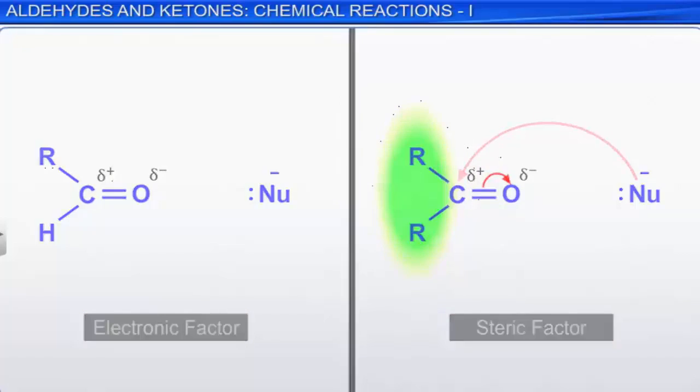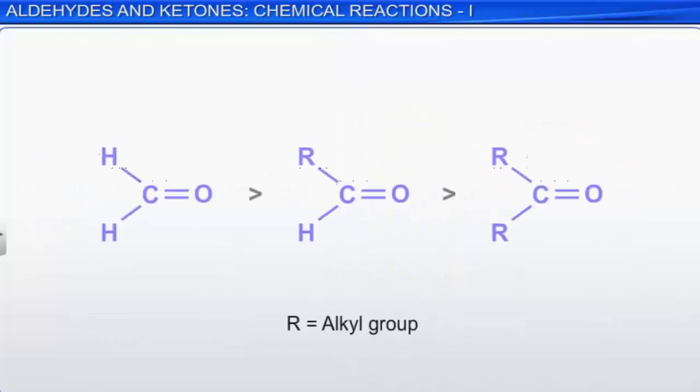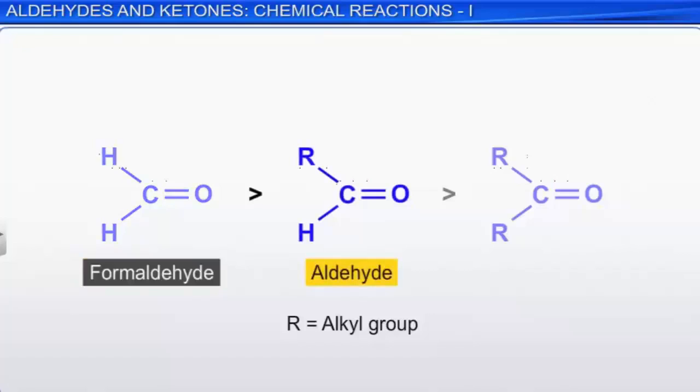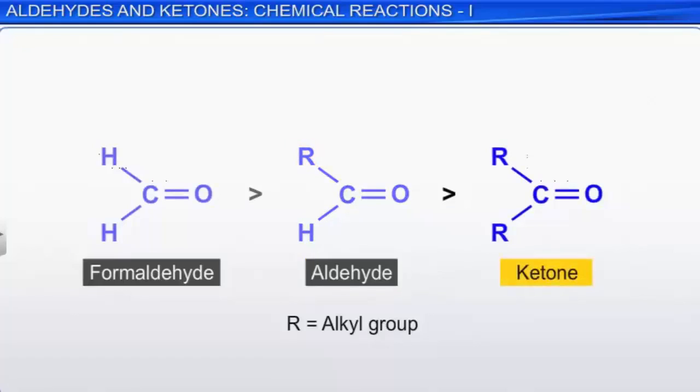Based on these factors, the order of reactivity is: formaldehyde, without any alkyl group, is more reactive than other aldehydes with one alkyl group, which, in turn, are more reactive than ketones that contain two alkyl groups.